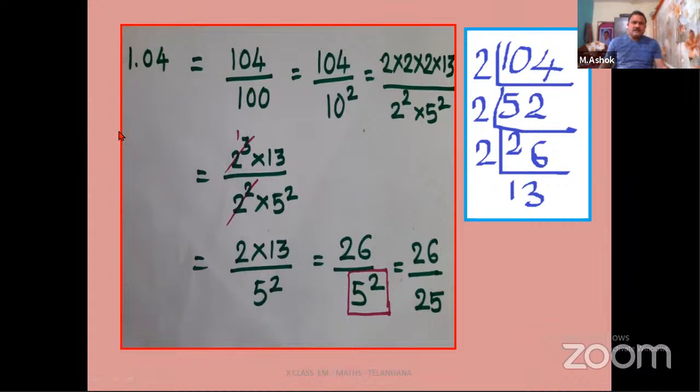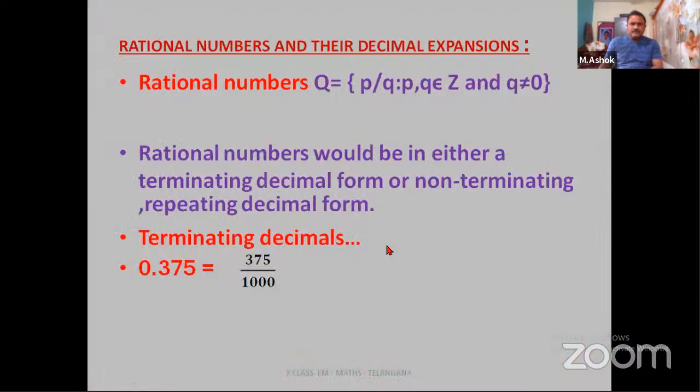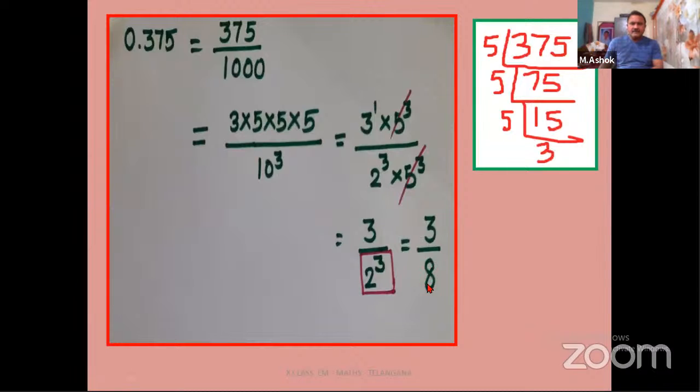In the earlier example, 0.375, after writing in the p by q form, which is 3 by 8, the prime factorization of the denominator contains 2 cube.